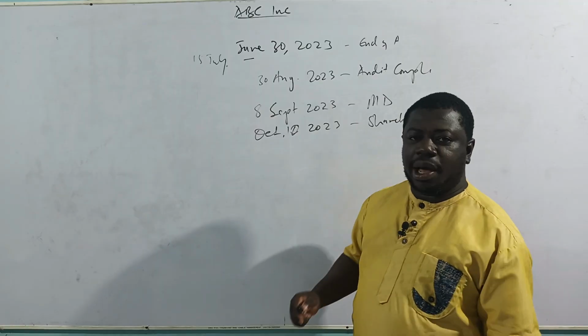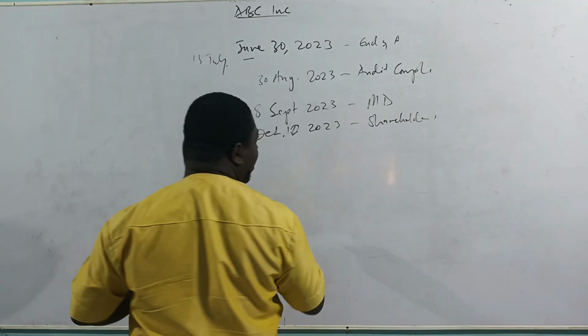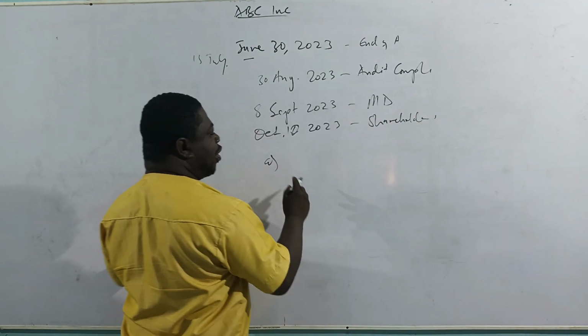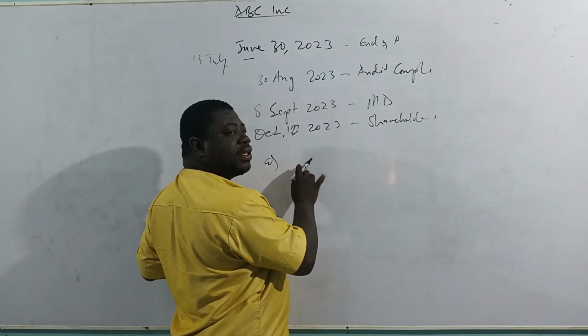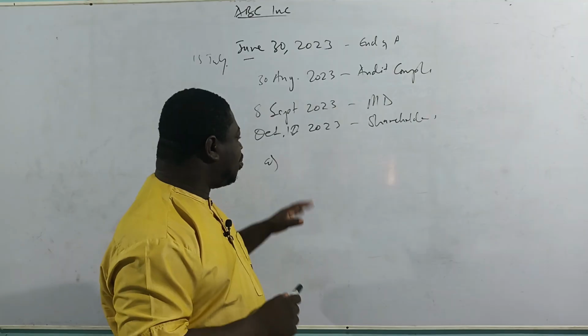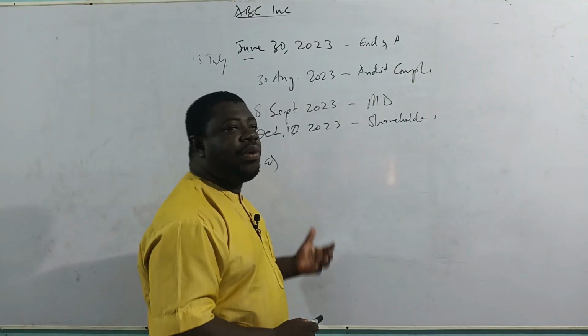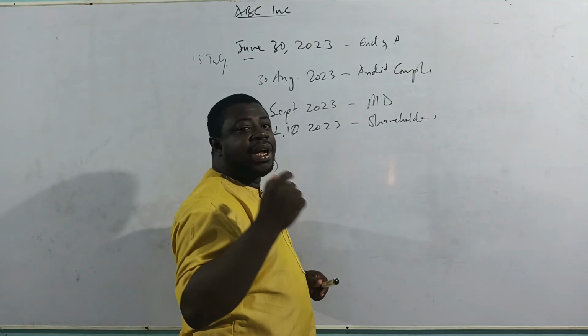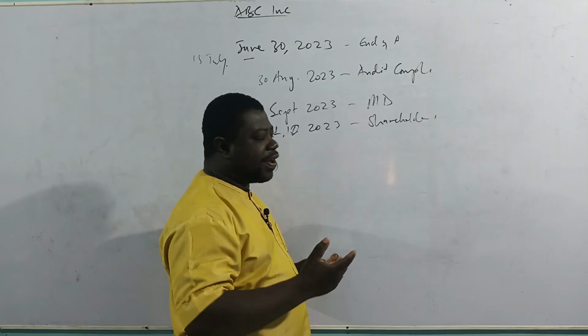And so what is going to happen is that we have already made an allowance of 50,000 for this customer for irrecoverable debt. So what we need to do now is that the customer now owes 900,000 and has filed for bankruptcy.